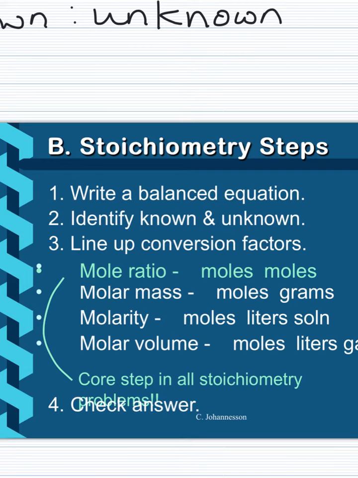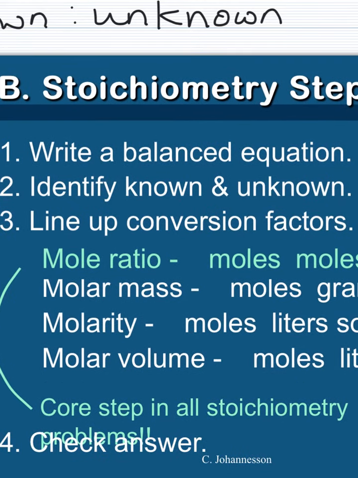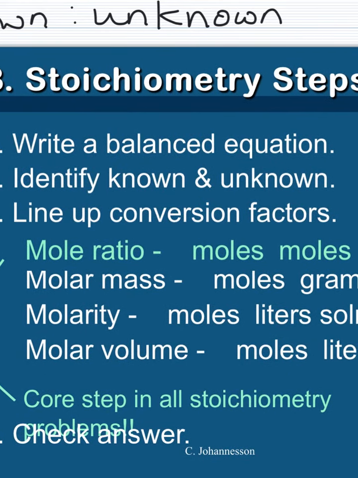All right. Number 3 is you line up the conversion factors. And in the conversion factor, there are different conversions that we're going to be making within a problem. So some of these don't quite make sense. Some of them are new. We haven't used some of the words, like, for example, we haven't talked about molarity yet, but we will.